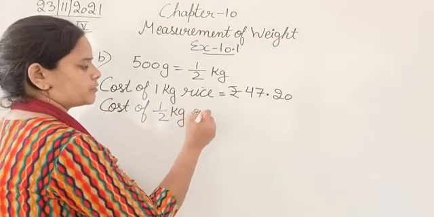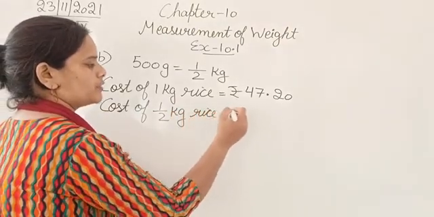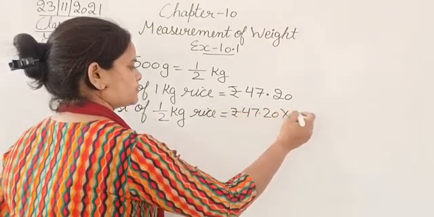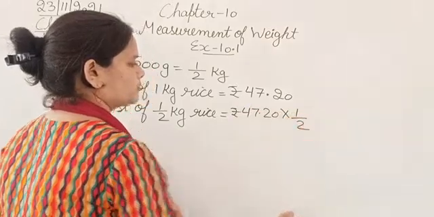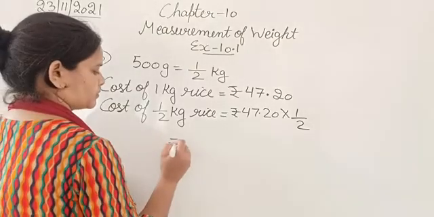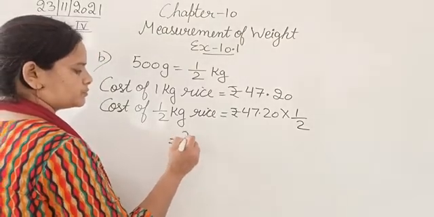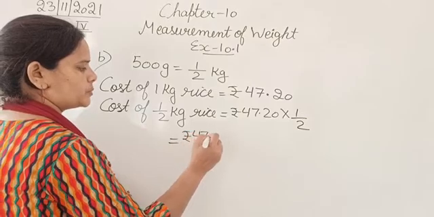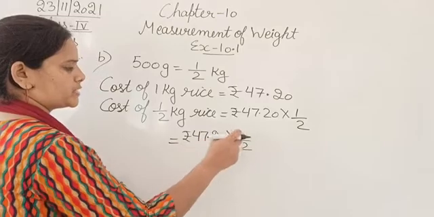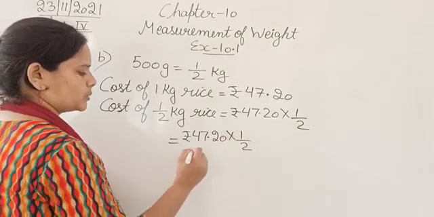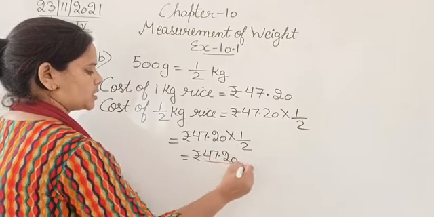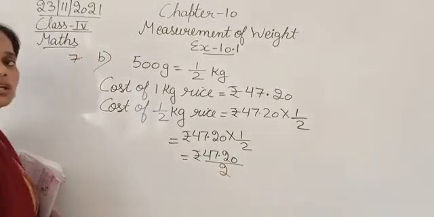So for that we need to multiply the cost of 1 kg with the half kg. So this is 47 rupees 20 paisa multiplied by 1 upon 2, that is 47.20 multiplied by 1, which will be 47 rupees 20 paisa divided by 2.